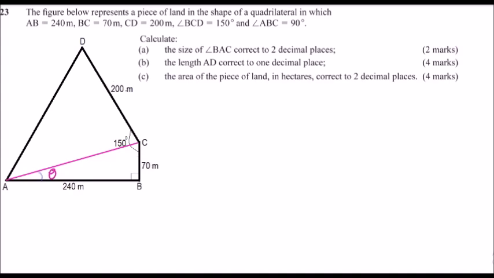So we can use a trig ratio, and we say tan theta is equal to opposite, which is 70, divided by the adjacent, which is 240, which will give you 0.2917.